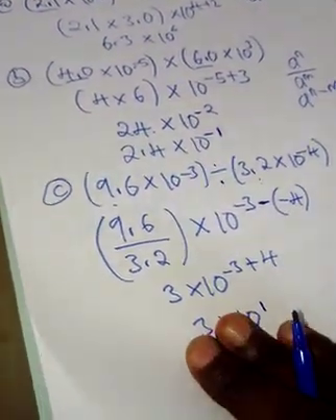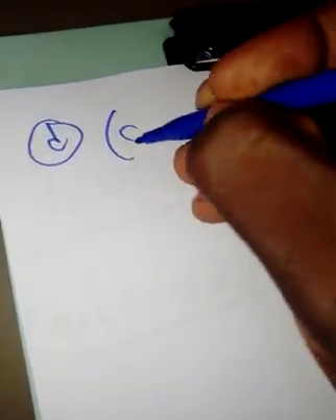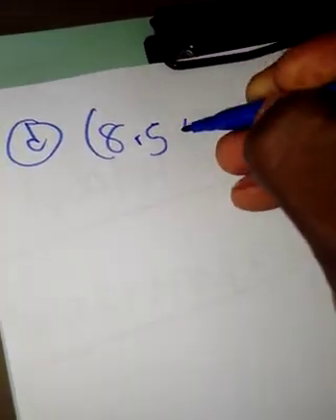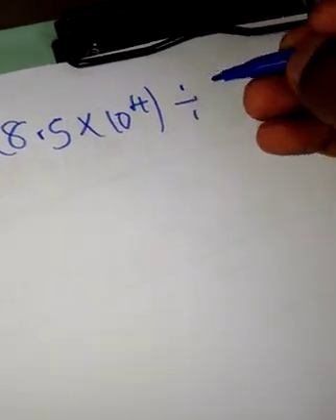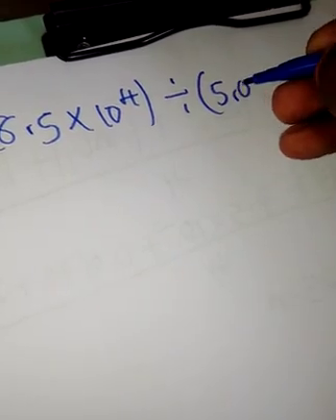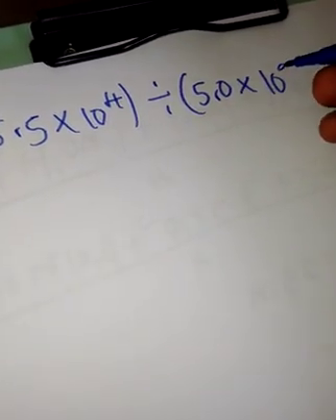So that's how you go about division of numbers. Okay, let's look at the last one for division. Let's say we have 8.5 times 10 to the power 4 divided by 5.0 times 10 to the power 9.